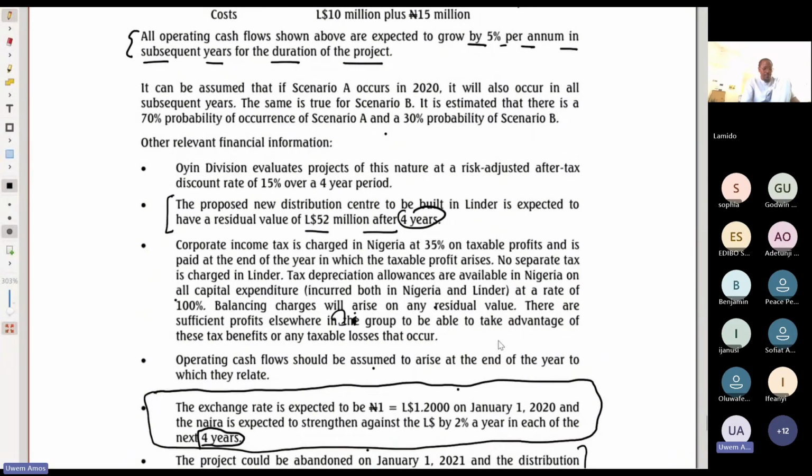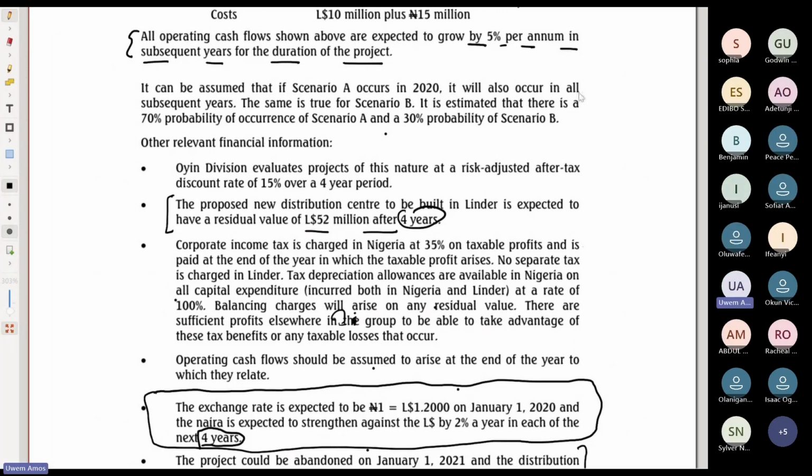It says right here that corporate income tax is charged in Nigeria at 35% on taxable profit and is paid at the end of the year in which the taxable profit arises. In other words, if we do make a profit in year 2020, whatever tax is due for that year is payable in that year.